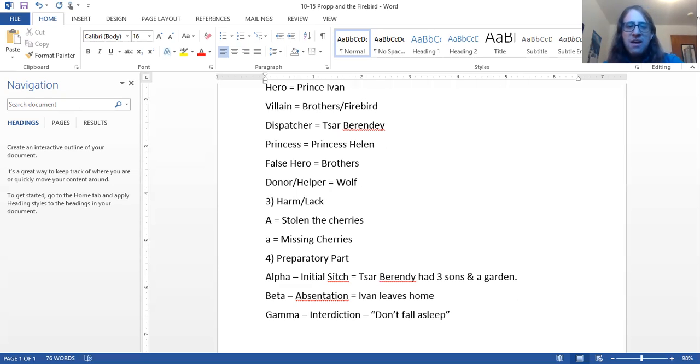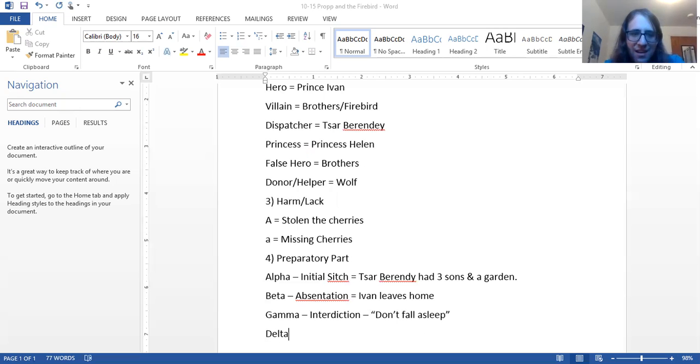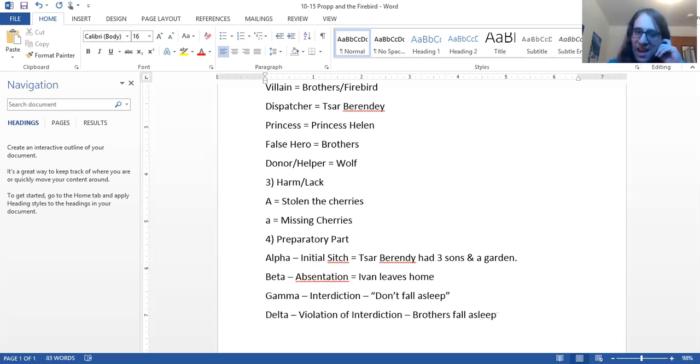But I'm more inclined, because we're still in the preparatory part, to call it delta, which is the violation of the interdiction. The brothers fall asleep. So that's the commandment, and its failure is very often in the preparatory part.